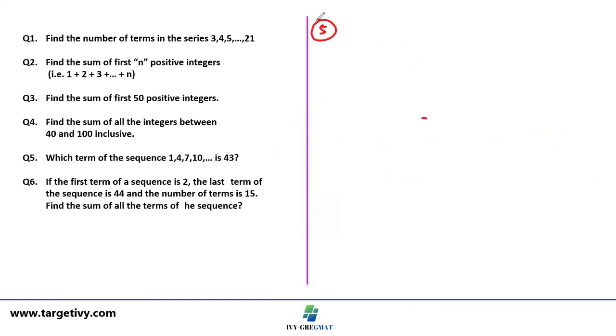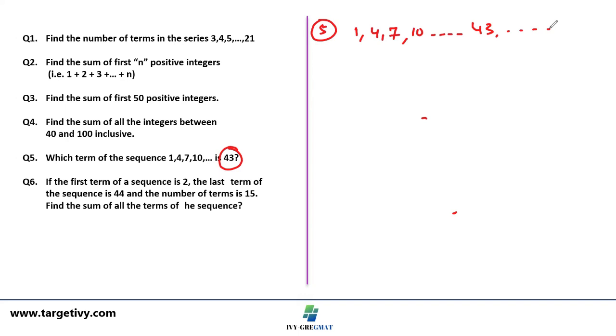Which term of the sequence is this? The sequence starts something like this: 1, 4, 7, 10, and goes on till 43, or maybe extending that. Let's find out certain objective things.